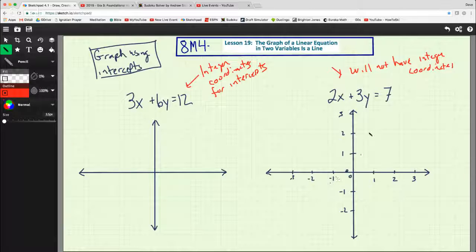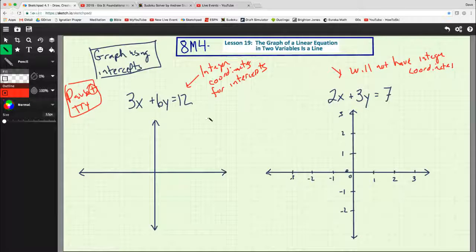But we'll show you how we do it, and it still will work. We can use this method, we can graph using intercepts for both of these equations because they're not horizontal or vertical lines, because x and y both have coefficients. Okay, so you can pause and try if you like, or you can just wait. We can do one together, and then you can pause and try on the second one.